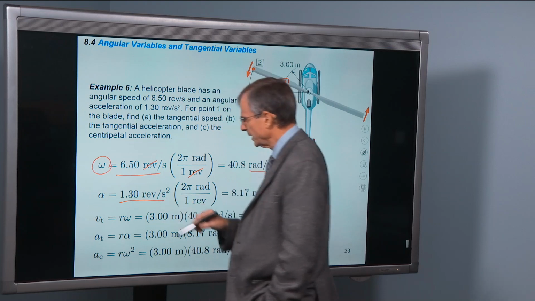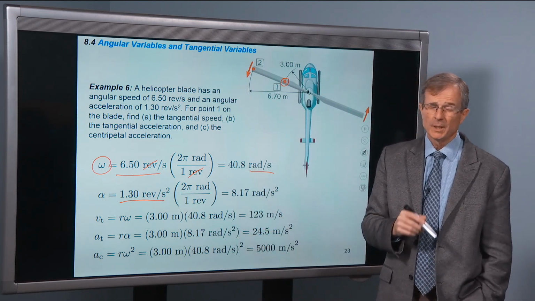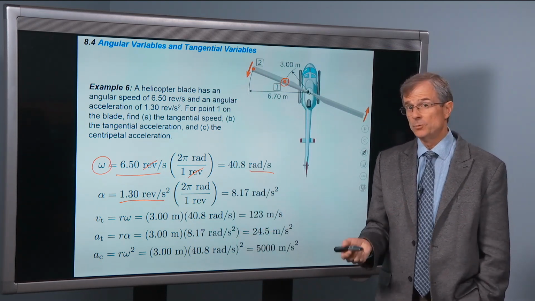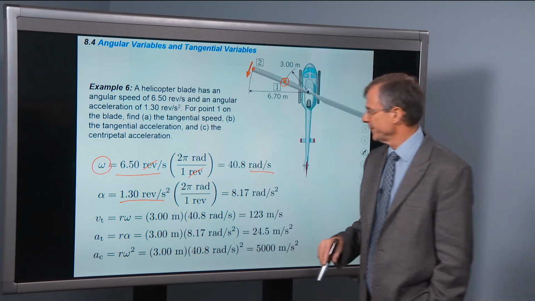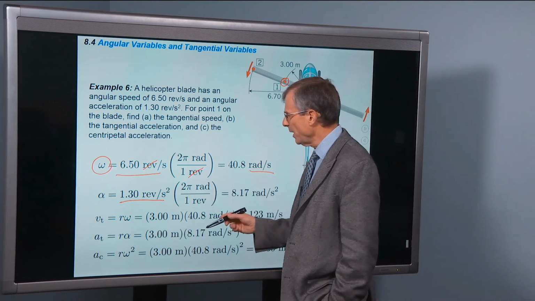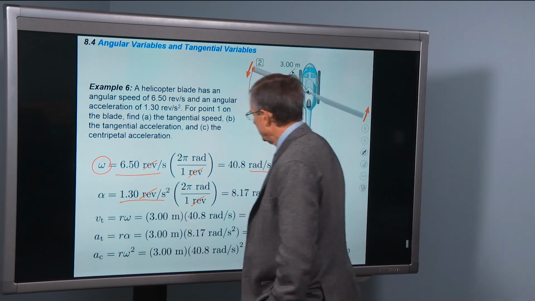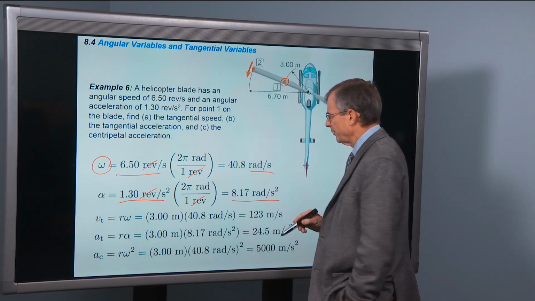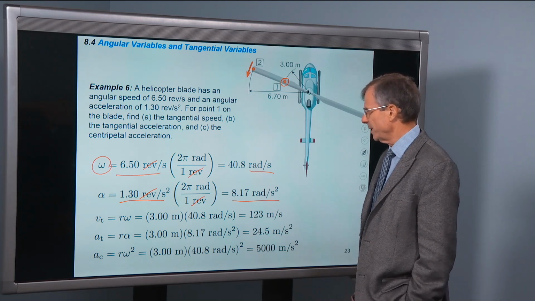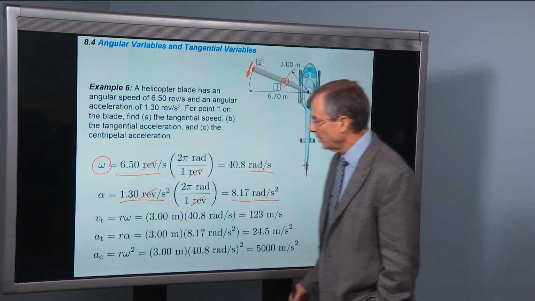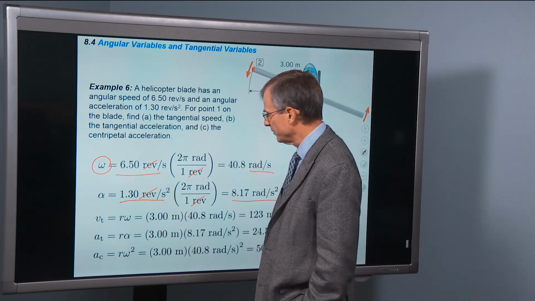That's what we're given alpha in, but normally we like to measure alpha in radians per second squared. We can convert that in the same way. 2 pi radians per revolution, plug the numbers in, and you get alpha in the correct units, radians per second squared. Now, we can get all of these different quantities.